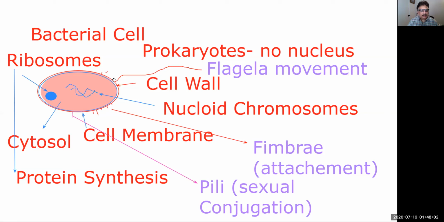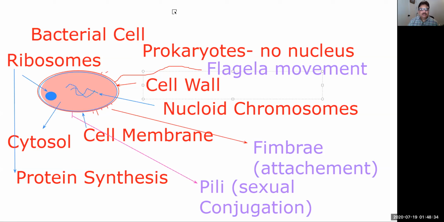Cell wall helps in protection, and cell wall is generally dead material. And cell membrane is living, selectively permeable. And three appendages: flagella, fimbria, and pili. Flagella for movement, locomotion, fimbria for attachment, and pili for sexual conjugation. So this is about the bacterial cells.